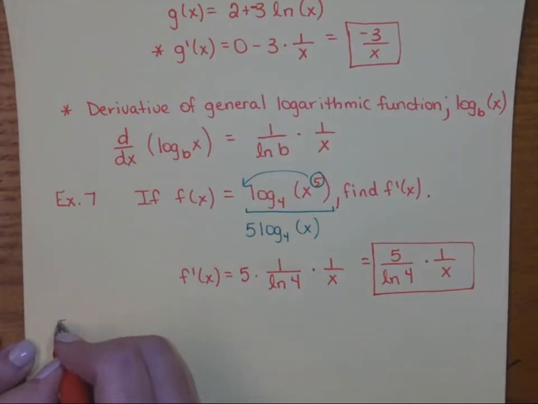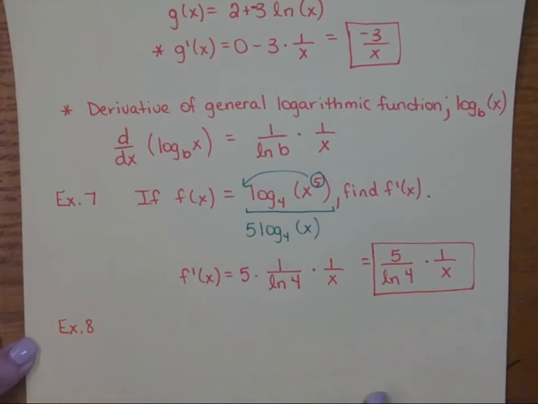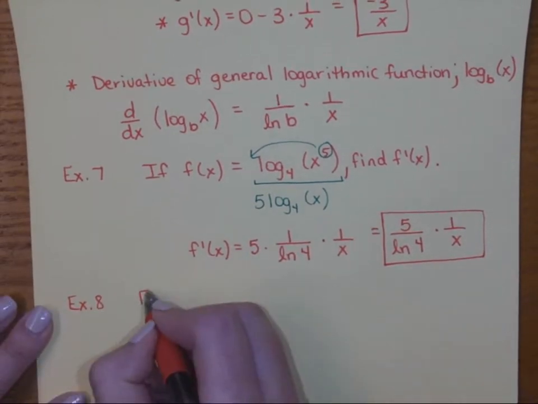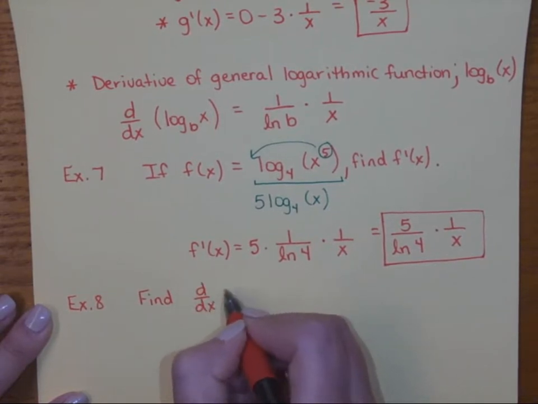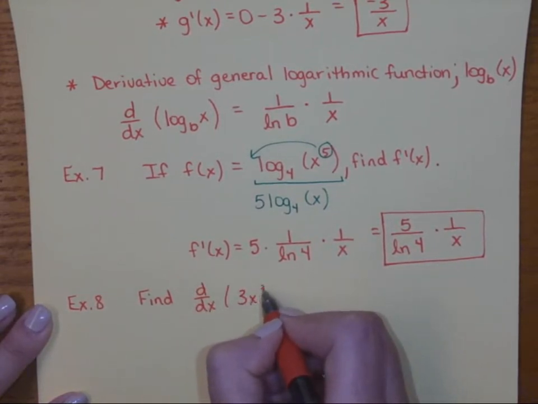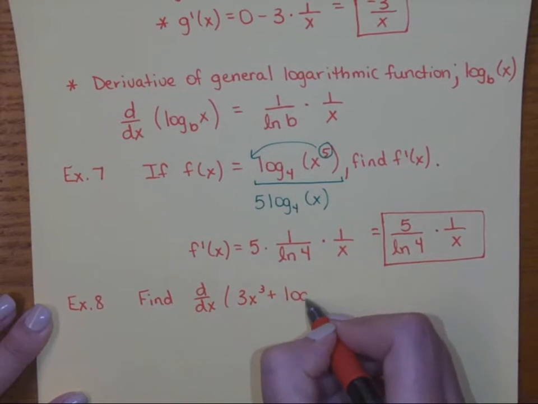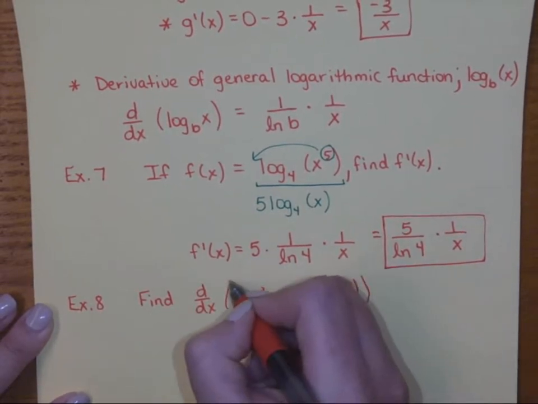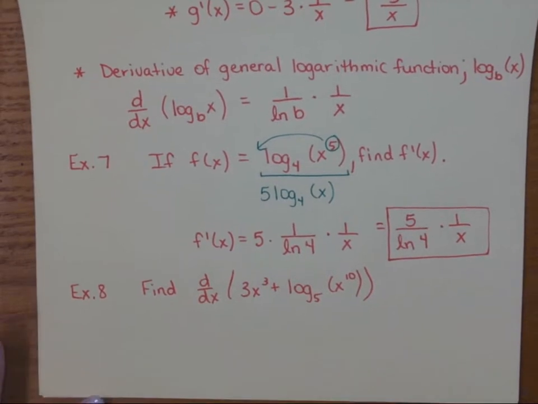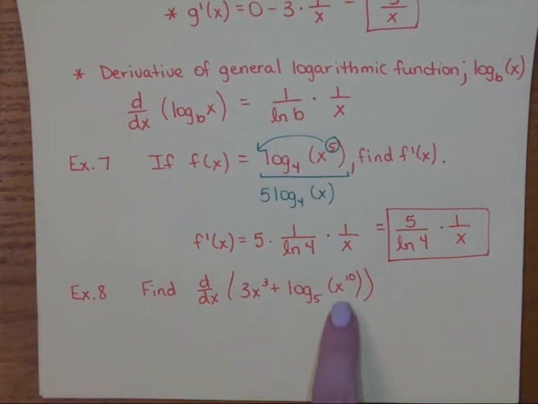All right, let's do one more and then we're going to look at different types of exponential functions and how we can take those derivatives. So find the derivative of 3x cubed plus log base 5 of x to the 10th. You may or may not see the parentheses here around the x to the 10th.